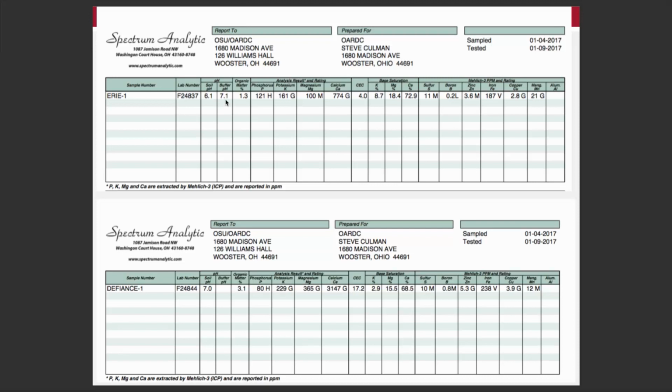Think of it as a little microcosm experiment where you add a set amount of lime to a set amount of soil, and you see what the pH change is. That informs us of the buffering capacity of that soil, the ability to either change or resist change.